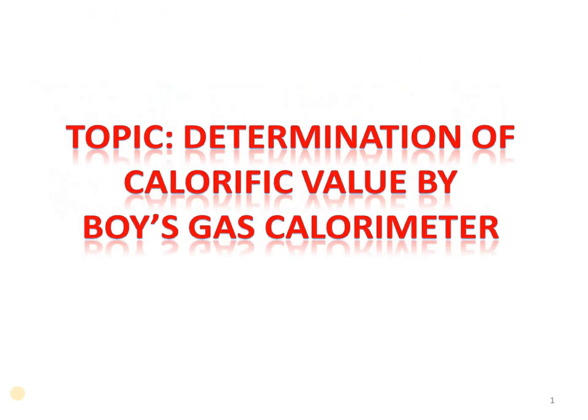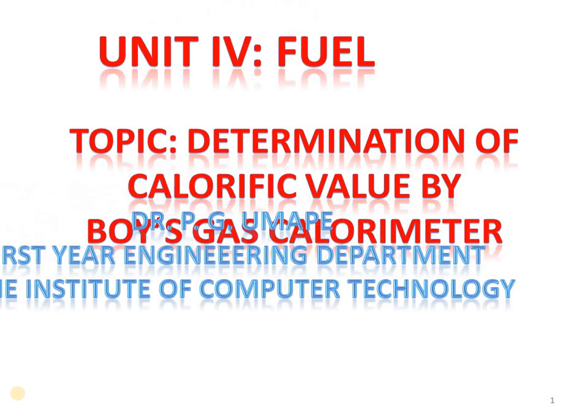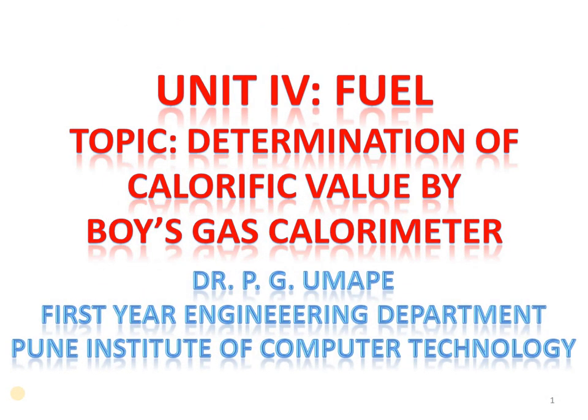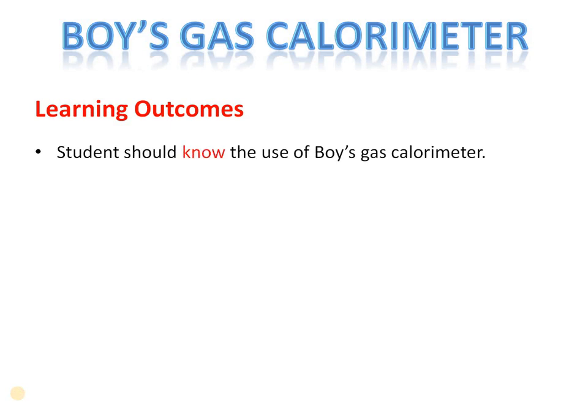In this session, we are going to discuss the determination of calorific value by Boyle's gas calorimeter from unit 4, that is fuel. Learning outcomes from this session will be: students should know the use of Boyle's gas calorimeter.